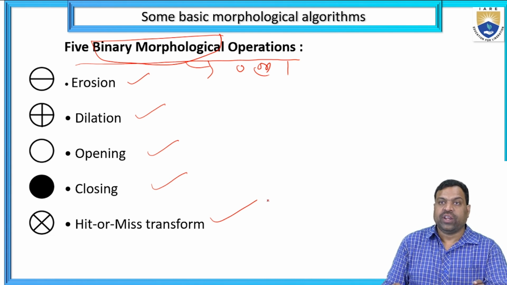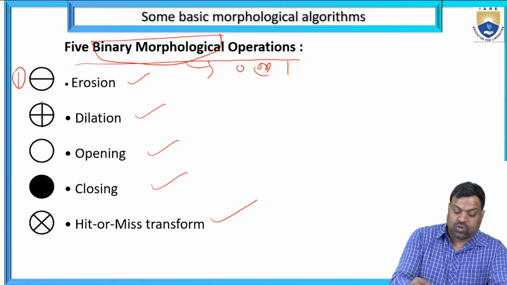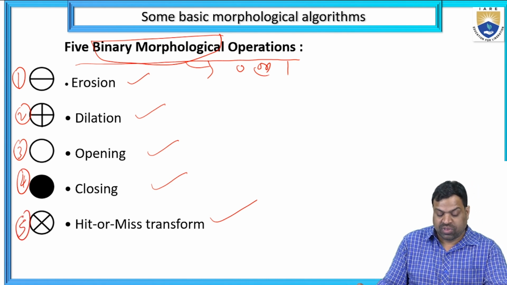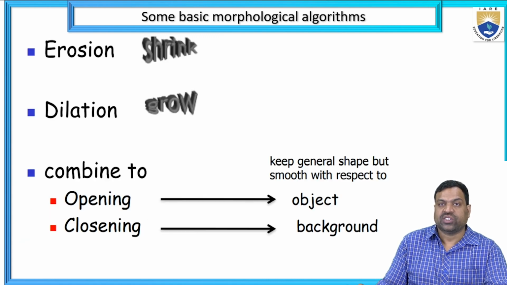These are the very important binary morphological operations. Okay, these are the 5 binary morphological operations. Each one we will discuss in the next hours, but now I am discussing briefly about erosion and dilation.